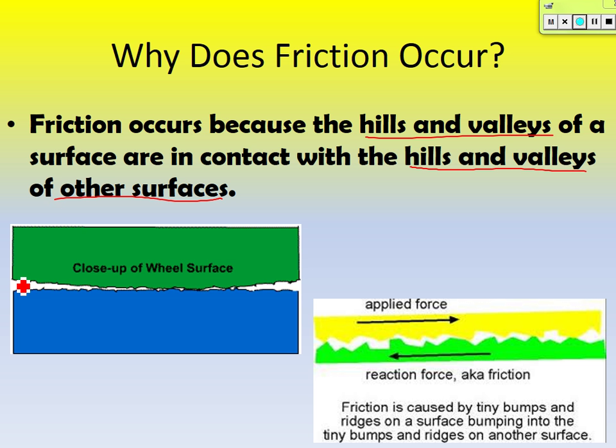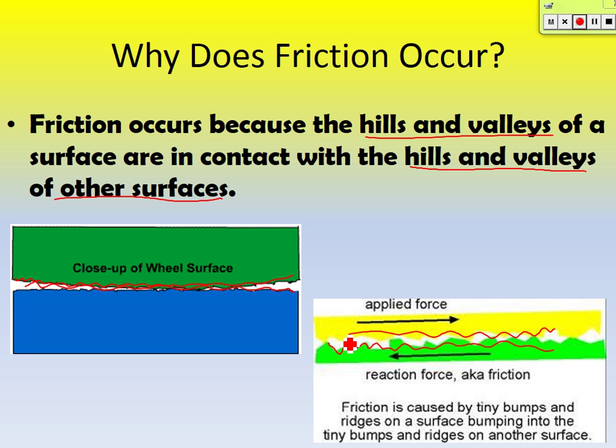You're going to have these little hills and valleys on one surface interacting with the hills and valleys of another surface. This one's even more zoomed in down here, and you can see these hills and valleys here. As this surface moves across the other surface, the hills and valleys experience friction because they're being rubbed against the hills and valleys of another surface. So everything, if you looked at the microscopic level, would look like that.